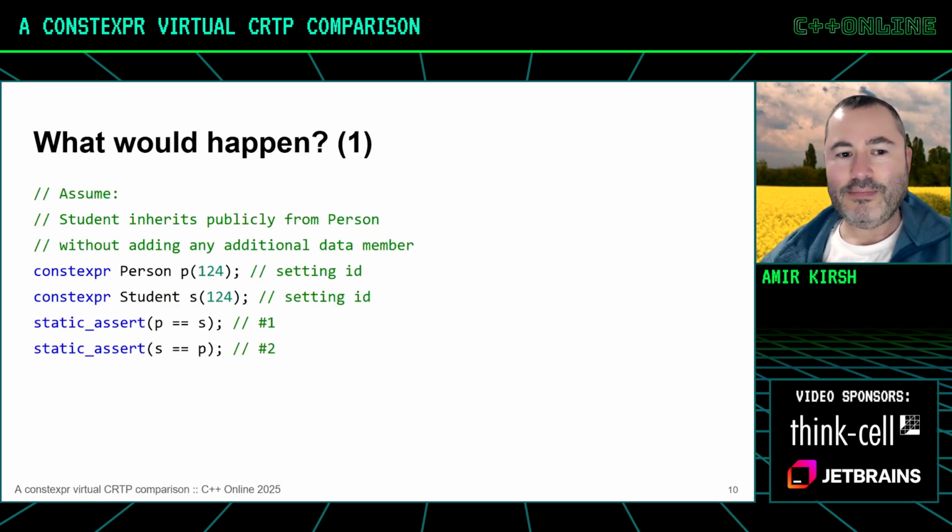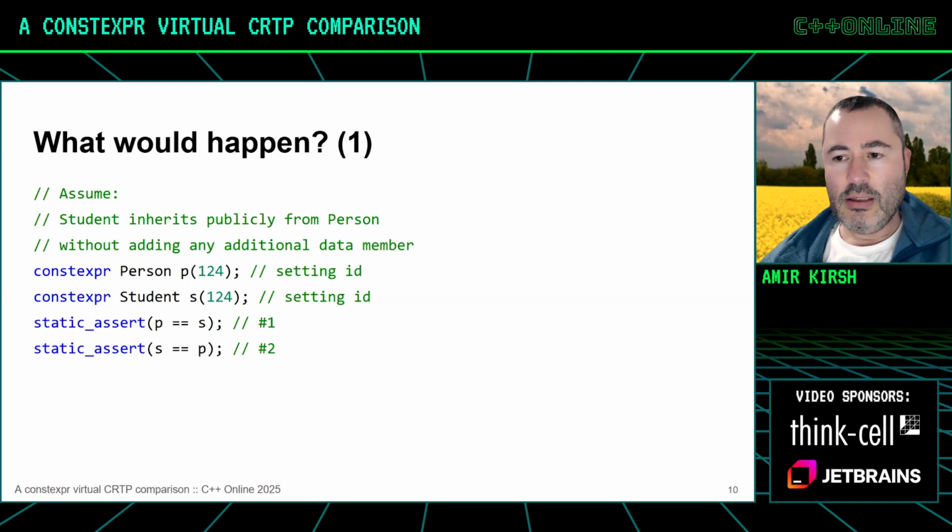we have a person and a student. And quite naturally, the student inherits from person, let's assume publicly. And we call static assert. We can do static assert because let's assume that we have two Constexpr objects, as you can see on the slide. And let's assume that the comparison operator is also implemented as Constexpr, which we can do.